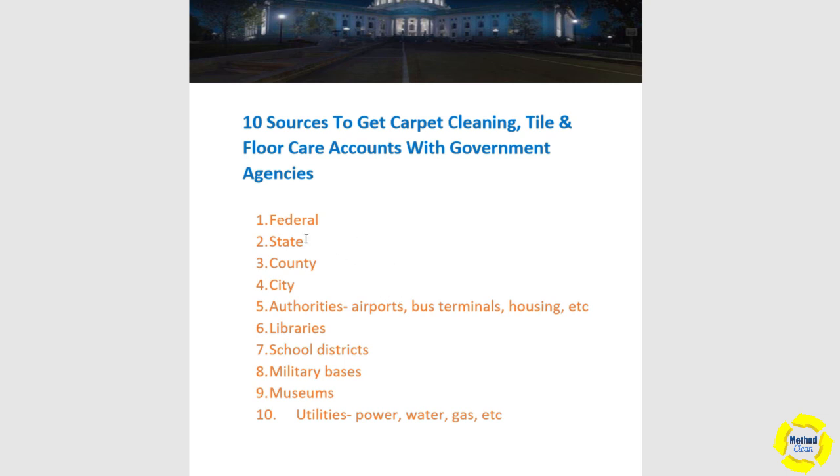So some of the different categories we can look at are state, county, city, and then these are the tricky ones. These are authorities, which one thing you're going to learn about the government is it's different in every part of the country. And here in New York, we have a lot of these.